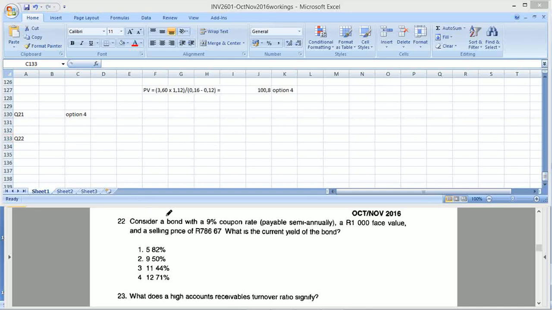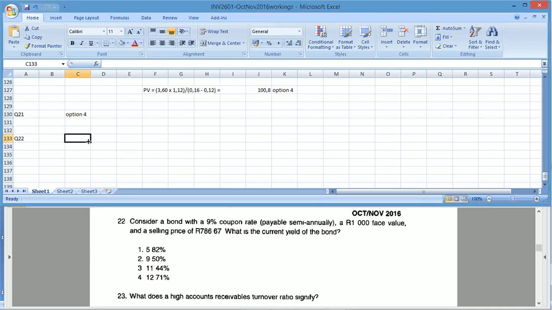Next question, 22. Consider a bond with a 9% coupon payable semi-annually, a 1,000 face value and the selling price of that. What is the current yield of the bond? Okay, so this is a very specific formula. You just need to remember what current yield is. Current yield is the annual coupon divided by the bond price.